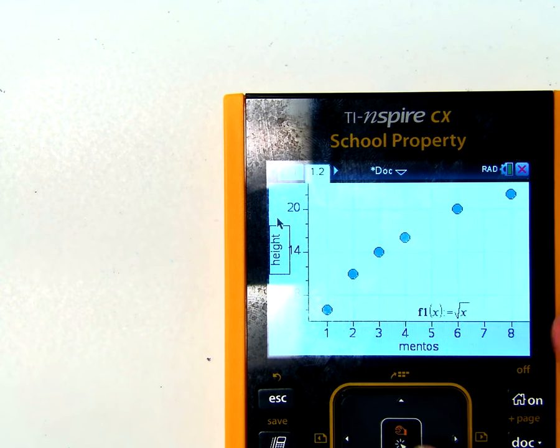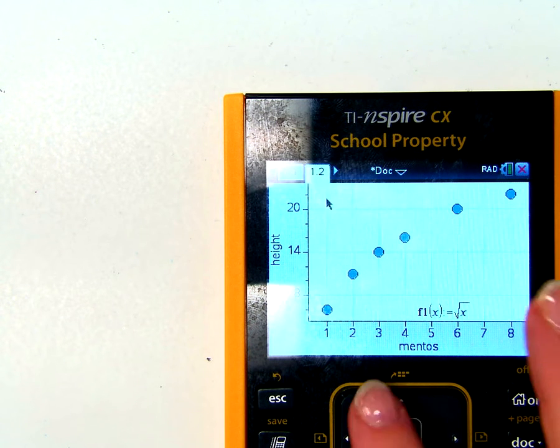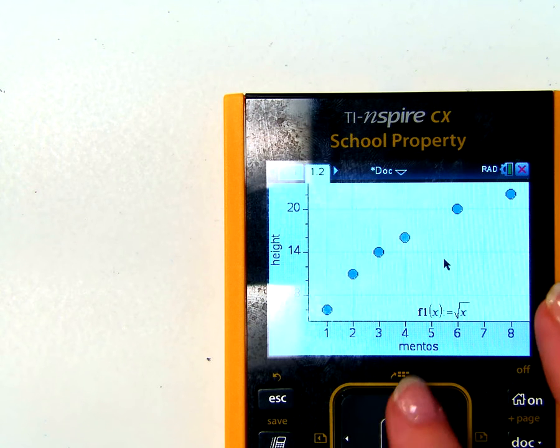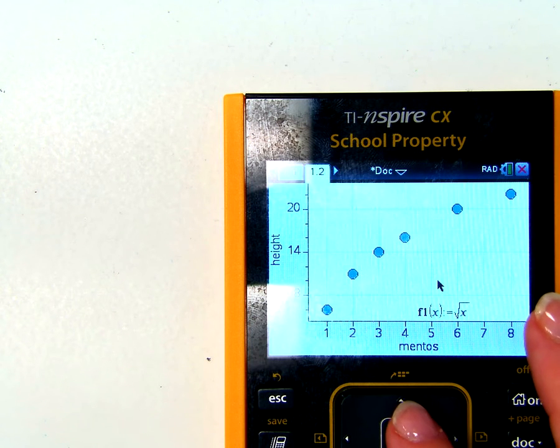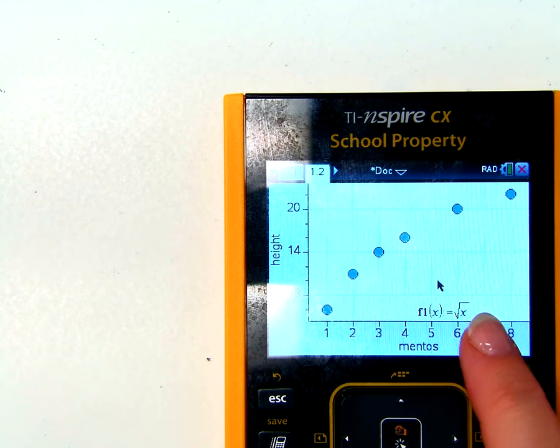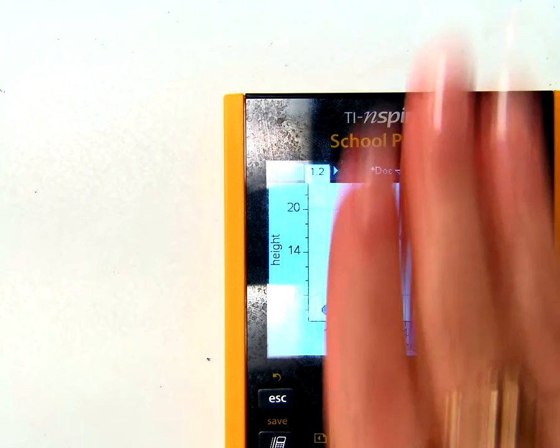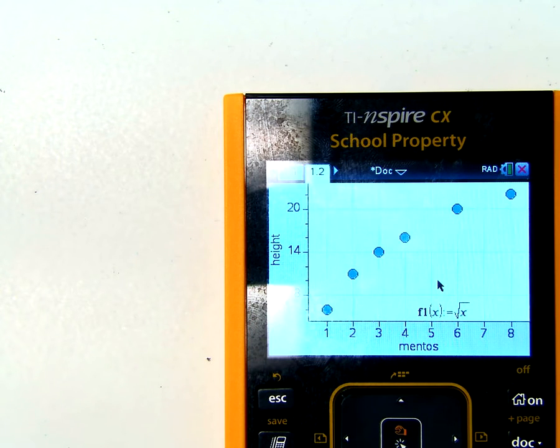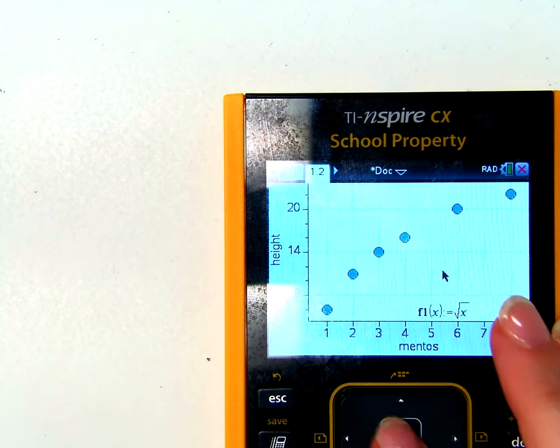No. If we add something to it at the end, that'll slide it up or down. But that doesn't change how steep it is. What changes how steep it is? Like a vertical stretch. So we need a multiplier in front.